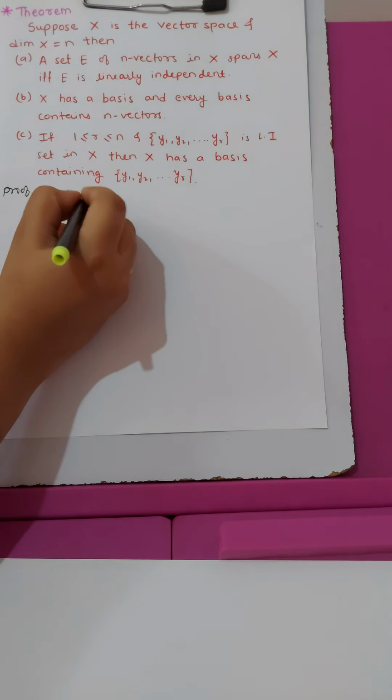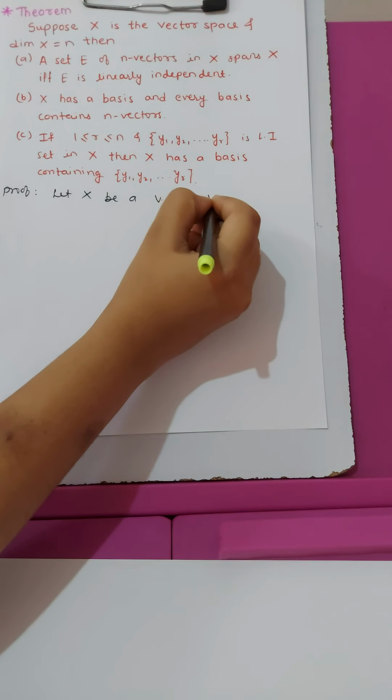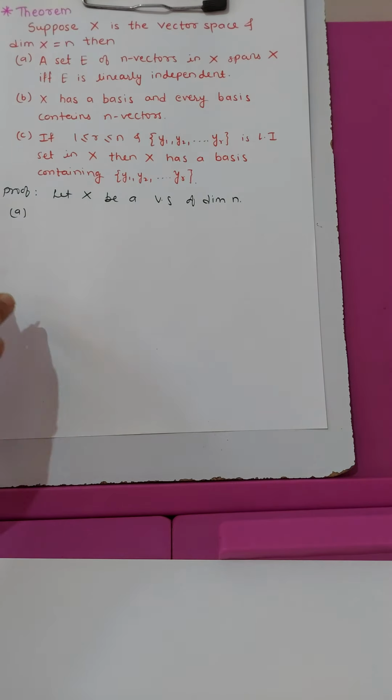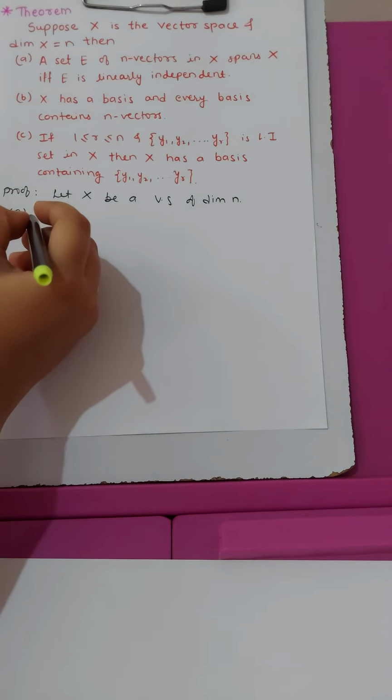So let X be a vector space of dimension n as given. So as in the first, a set E of n vectors is given.